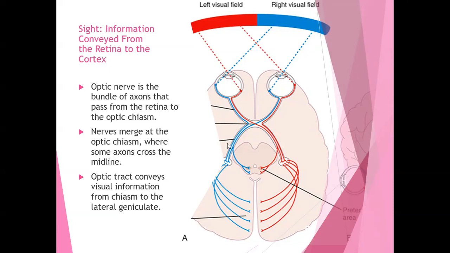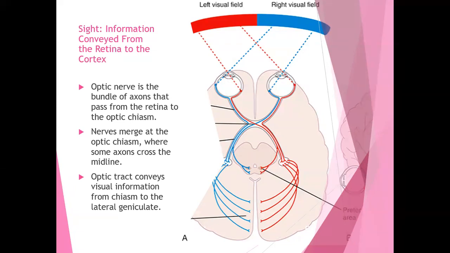So when you look at the color coding in this picture, we have the right half of the right eye and the right half of the left eye. Those are in red. And then we have the left half of the right eye and the left half of the left eye, and those are in blue. So very interesting.